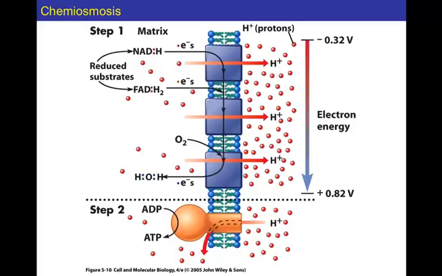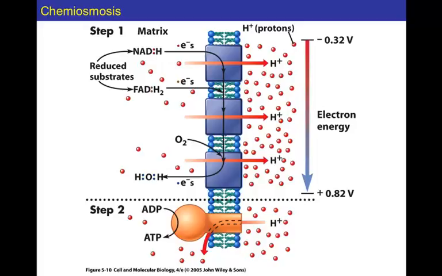Other molecules in the electron transport chain pick up just electrons. So, if a molecule that picks up electrons and hydrogens passes off its electrons to a molecule that binds to only electrons, the hydrogens have to go somewhere. And invariably what they do is they end up in the space between the inner and outer mitochondrial membranes.